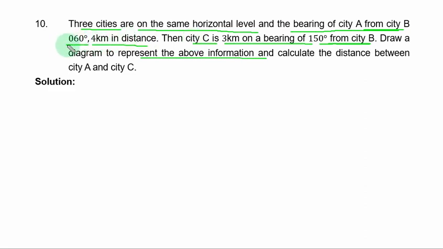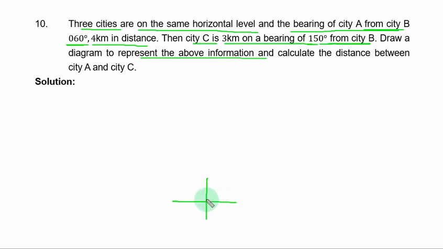The first one is 60 degrees. That is the first quadrant if you are moving clockwise. Then 150 degrees, that is the second quadrant if you are moving in clockwise direction. So you know how to locate city B. Let's take for instance, you decide to locate city B here.